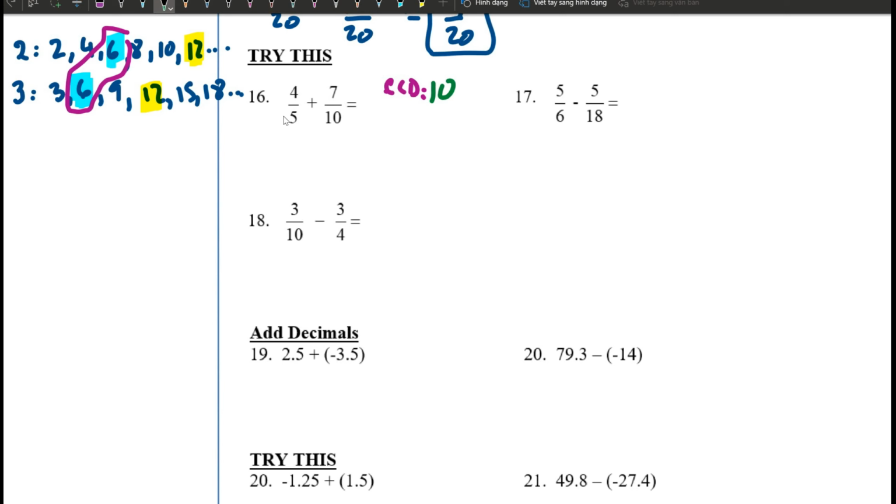So 5 to get 10, you multiply by 2 for the numerator and denominator, so that will give you 8 over 10. And 10 to get 10, you multiply by 1, or basically keep it the same. So that will be 7 over 10. 8/10 plus 7/10 will give you 15 over 10, which can be reduced by 5. That will give you 3/2.